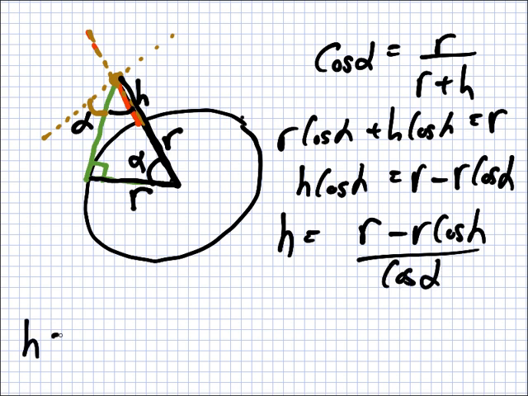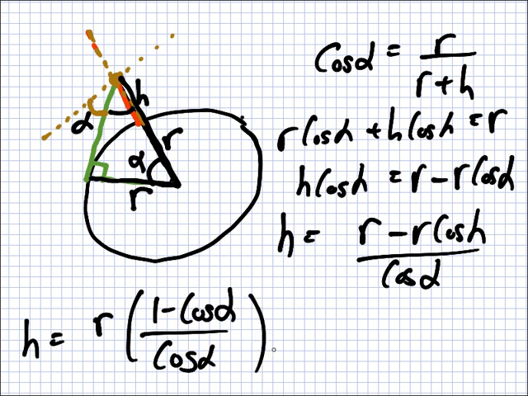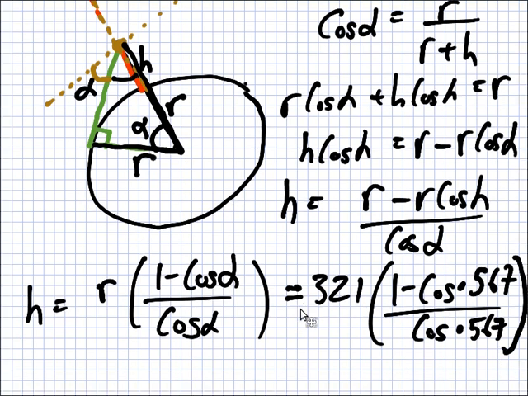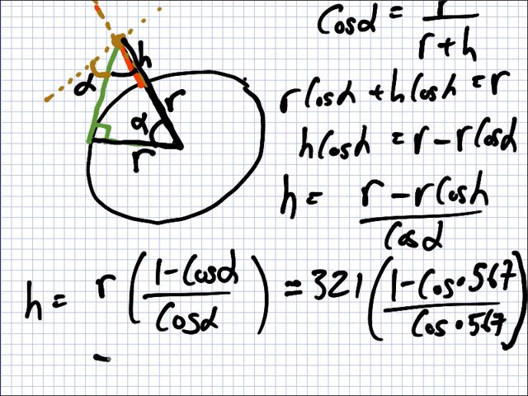That means h equals or times 1 minus cos alpha over cos alpha. So that is equal to 321 times 1 minus cos, in degree mode, 0.567 over cos 0.567. What do we get?